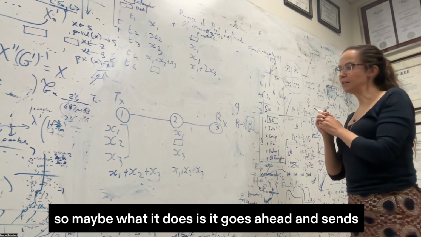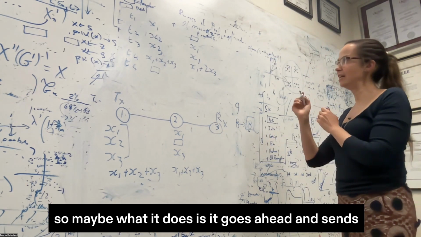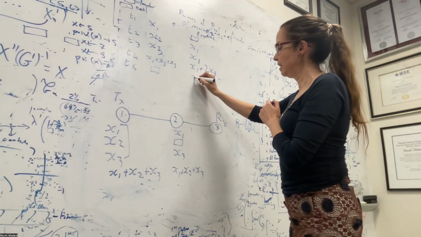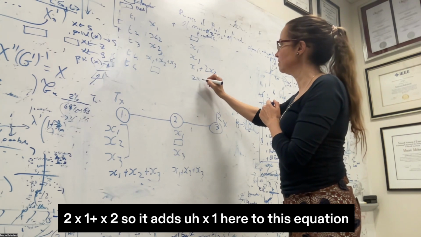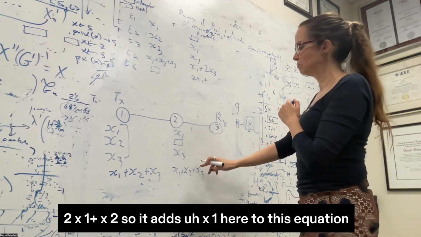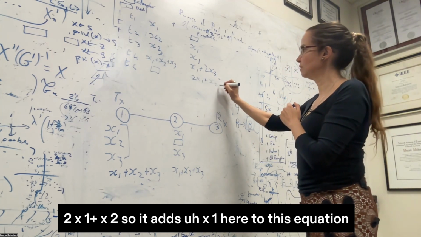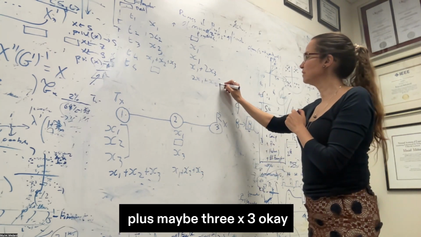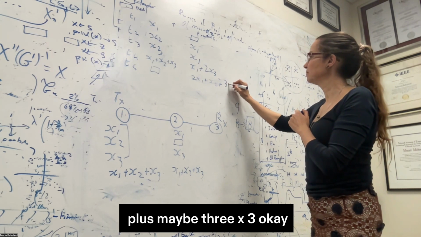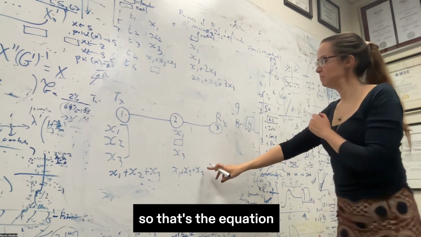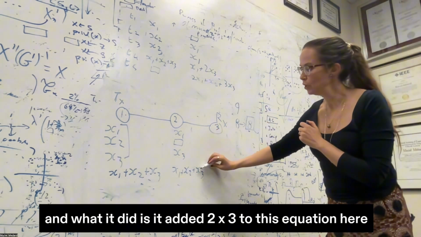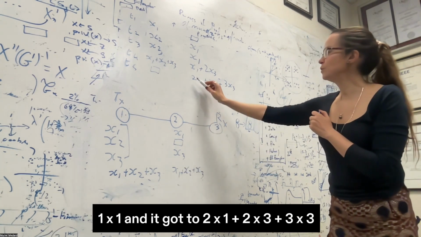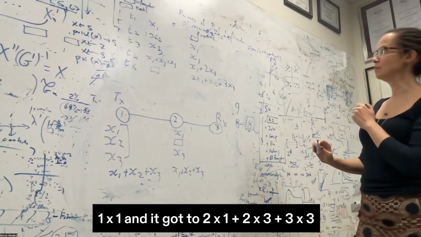So maybe what it does is it goes ahead and sends another equation, say 2x1 plus x2, so it adds x1 here to this equation, plus maybe 3x3. Okay, so that's the equation. And what it did is it added 2x3 to this equation here at the bottom, 1x1, and it got to 2x1 plus x2 plus 3x3.